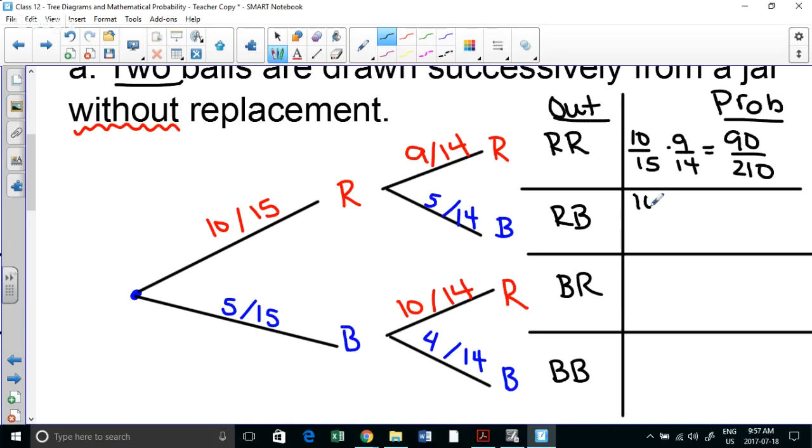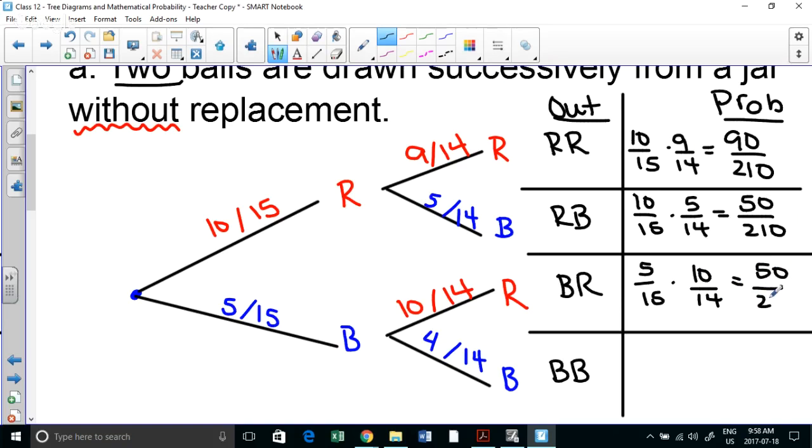Following this branch, I get the red, which is 10 over 15, and the blue, which is 5 over 14, which gives me 50 over 210. Blue, red gives me 5 over 15 times 10 over 14, so that gives me 50 over 210. Finally, I get blue, blue, which is 5 over 15 times 4 over 14, and that gives me 20 over 210.